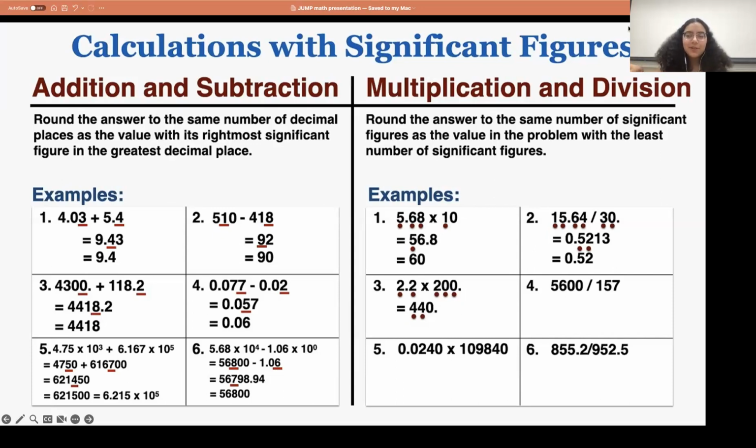Since that something is fluctuating, you don't want to give 9.43, because if these were measurements, it might not actually be 9.43, it could be 9.45, 9.46, because that 5.4 something was never specified. What's after that 4? And so you only want to round to the least precise thing you have, which is the tenths.